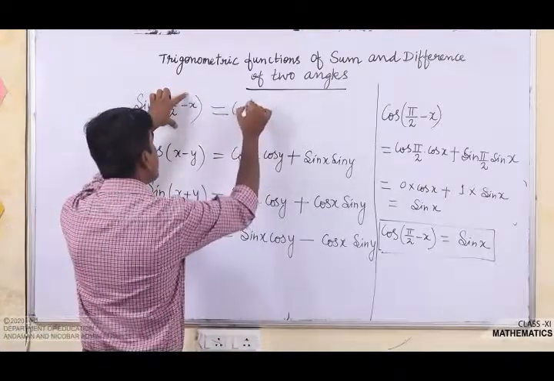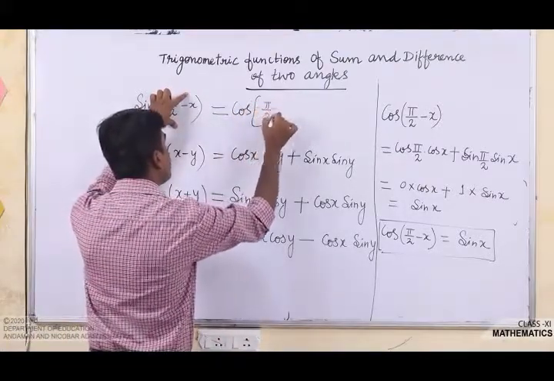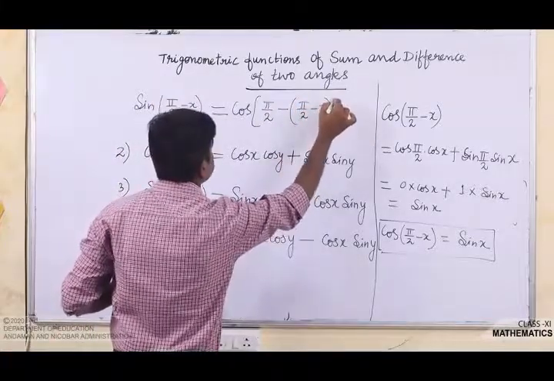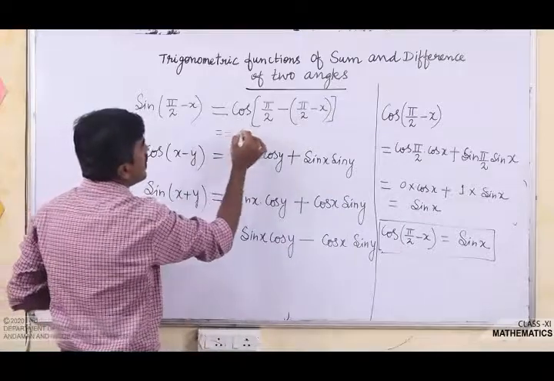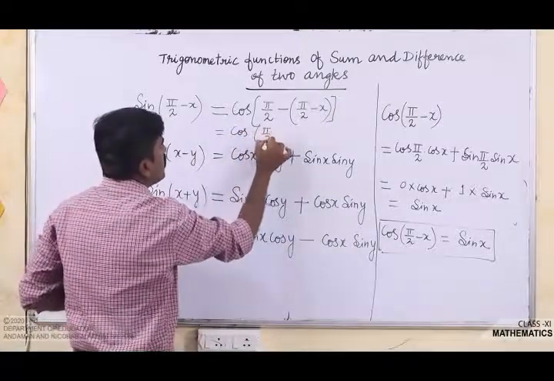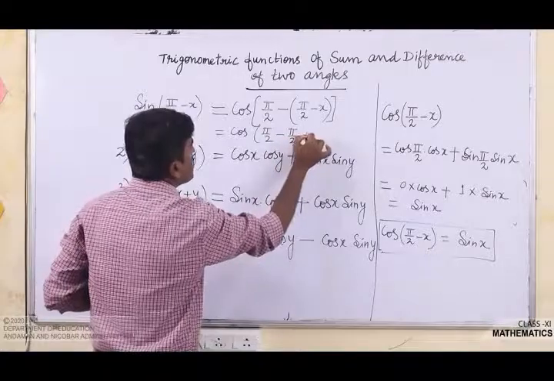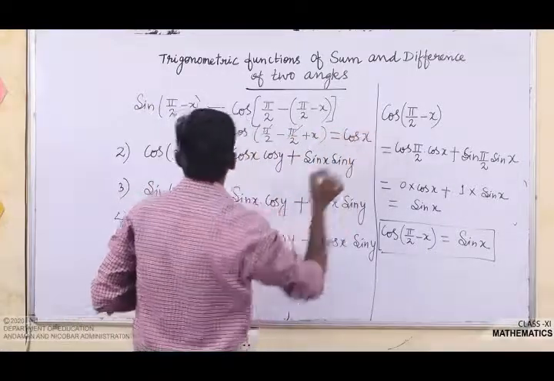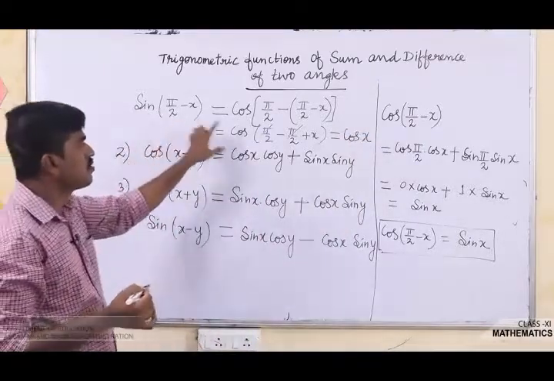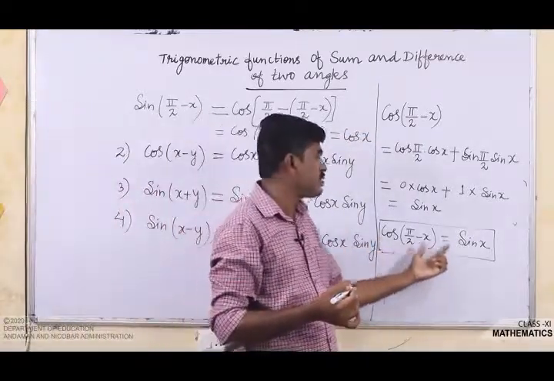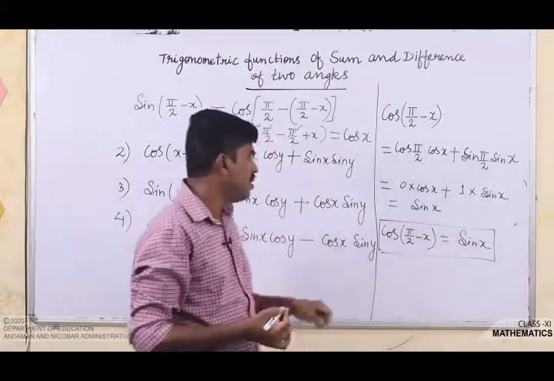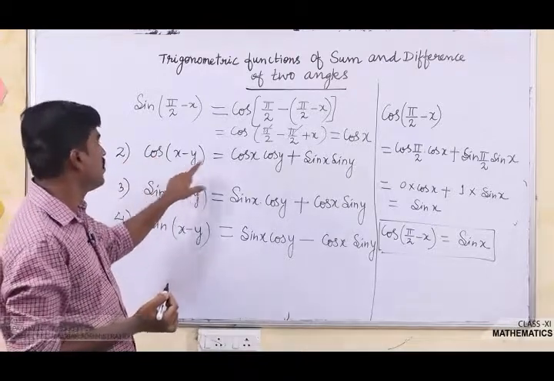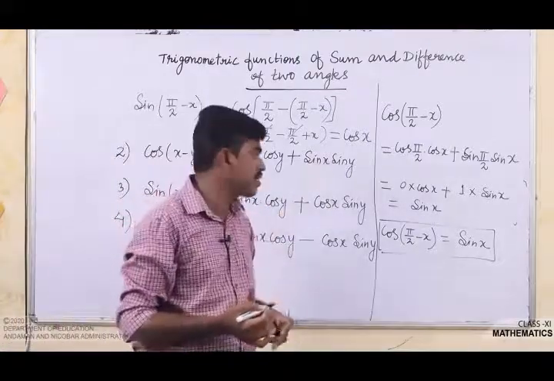We can write it as cos of pi by 2 minus (pi by 2 minus x). So, we can write it as cos of pi by 2 minus pi by 2 plus x. Pi by 2 gets cancelled, so that is equal to cos x. So, sin of pi by 2 minus x is equal to cos x and cos of pi by 2 minus x is equal to sin x. These two formulas we obtained from cos of x minus y is equal to cos x cos y plus sin x sin y.